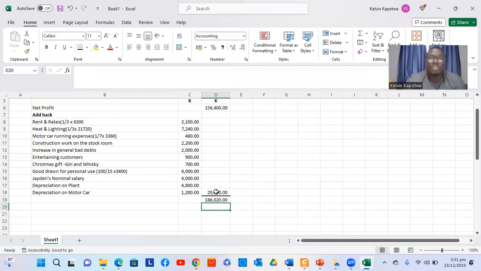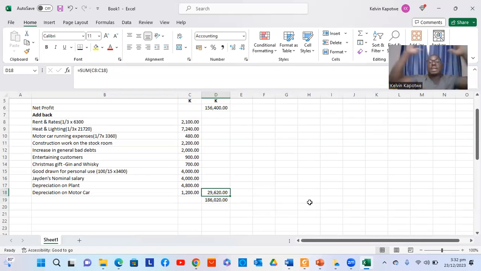All right. So we have added back those items. So this figure is taxable. You can see that the accounting profits were reduced by 29,620 on items that are taxable. So that is the conflict that is there.